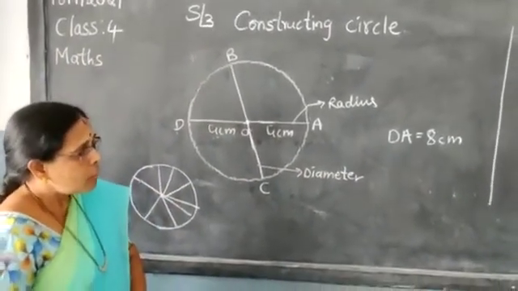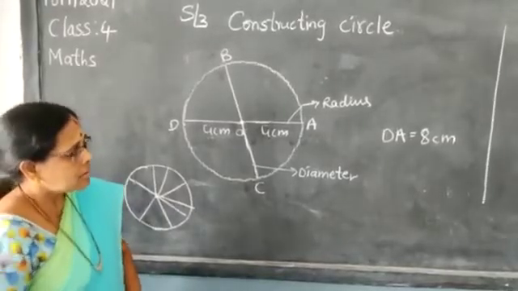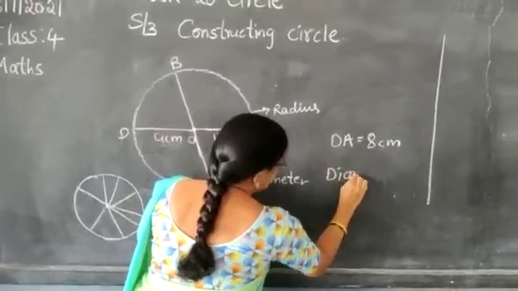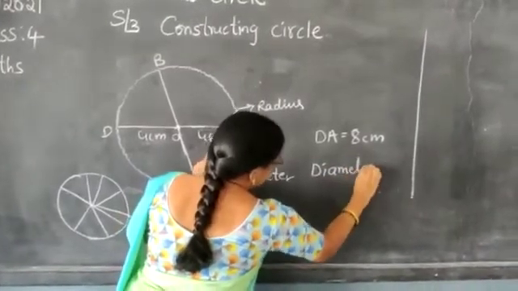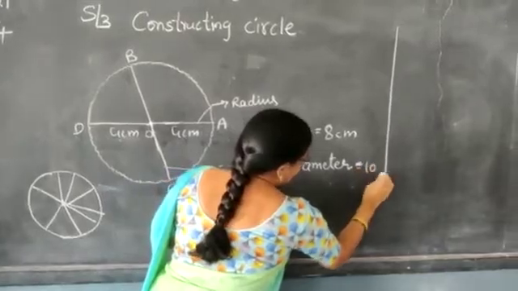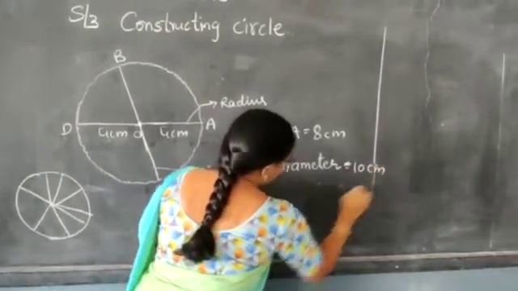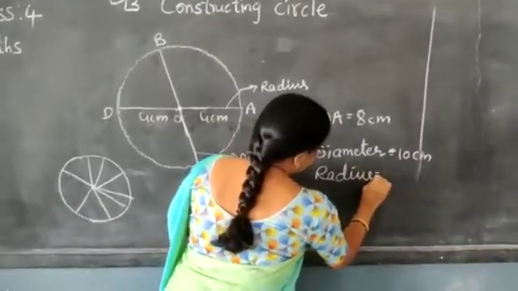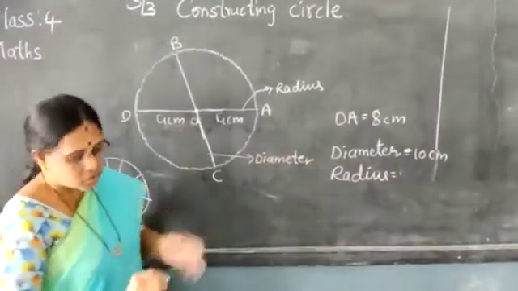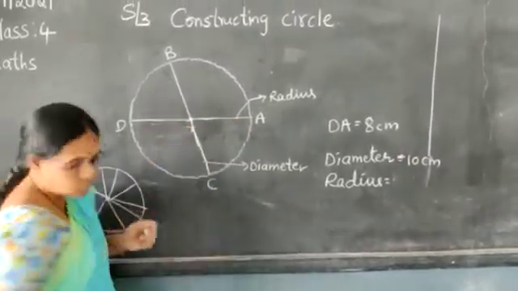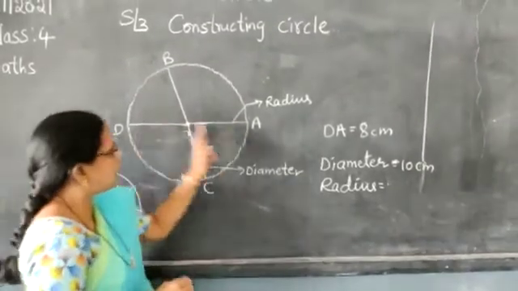Okay. Now for example, suppose the diameter is equal to 10 centimeter. Then how much is the radius? I take the diameter as DA.